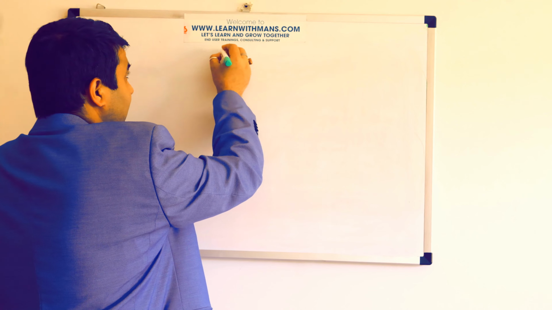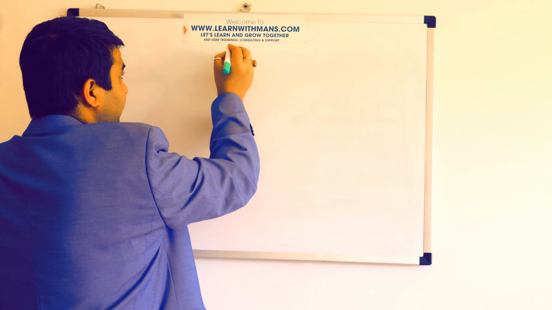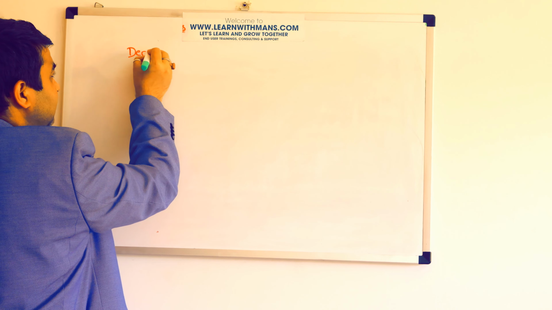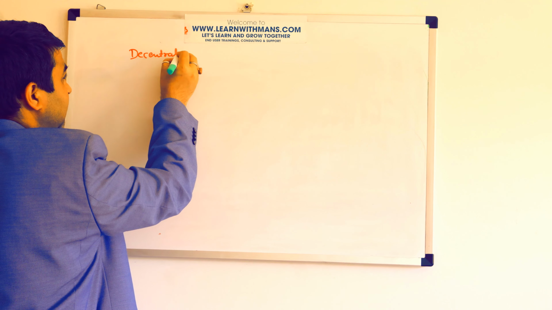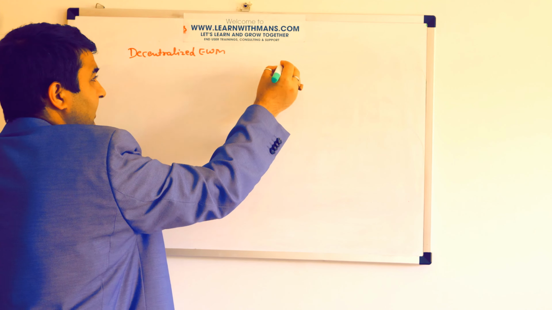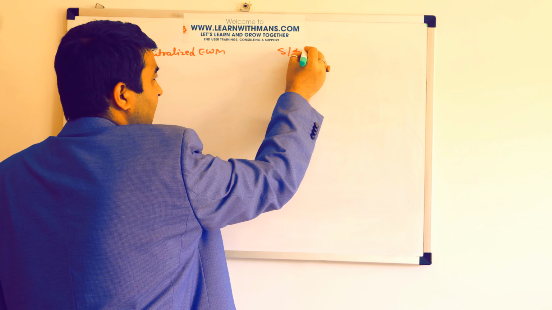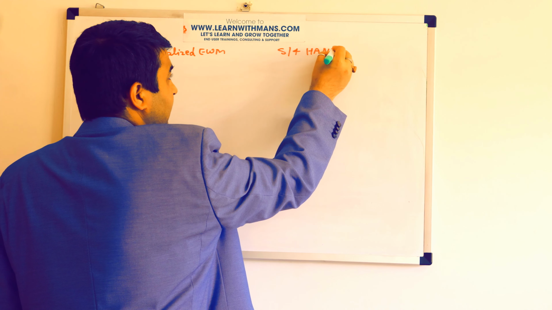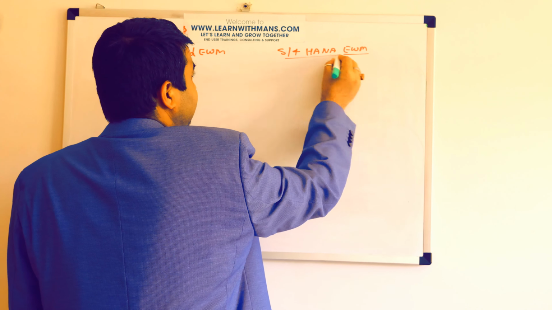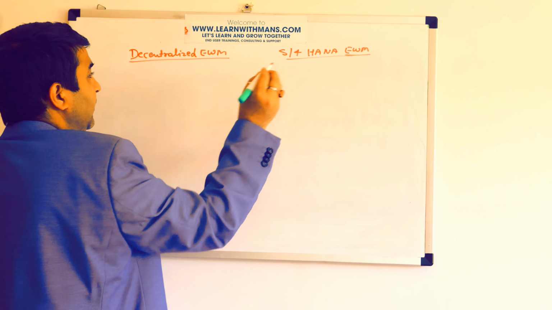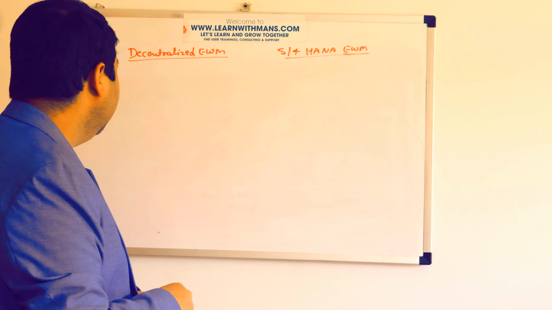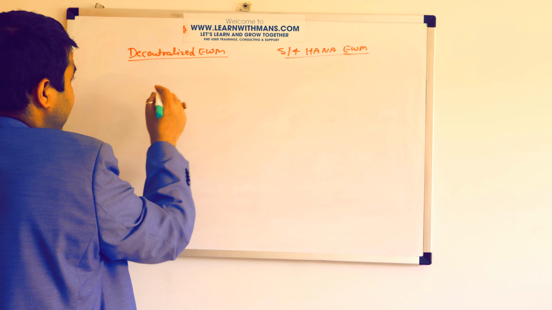Let's take an example. I will show you two differences. If you are working with decentralized EWM and S4 HANA EWM, EWM means Extended Warehouse Management. Suppose you are working on decentralized EWM.